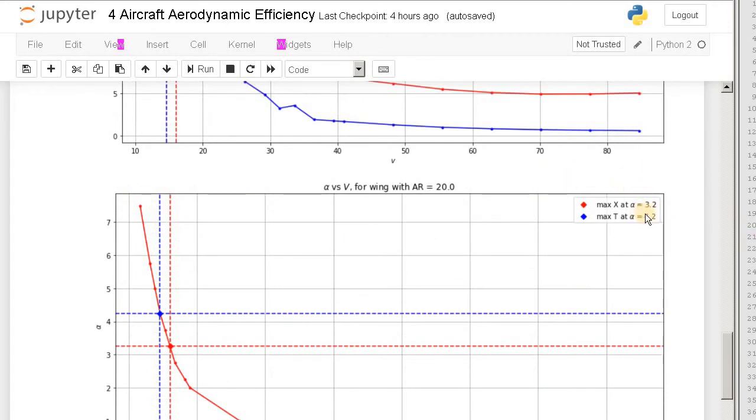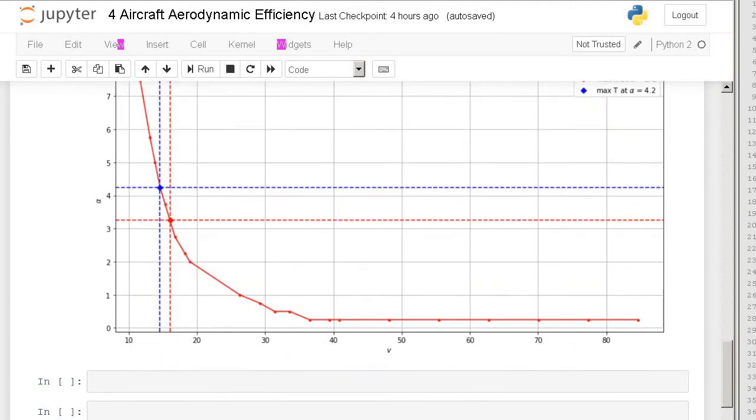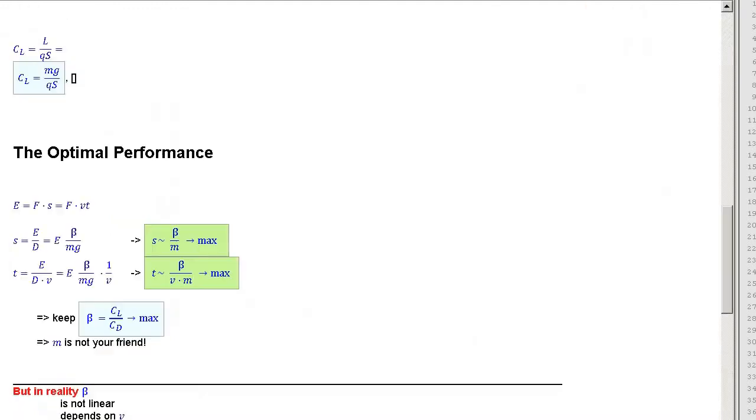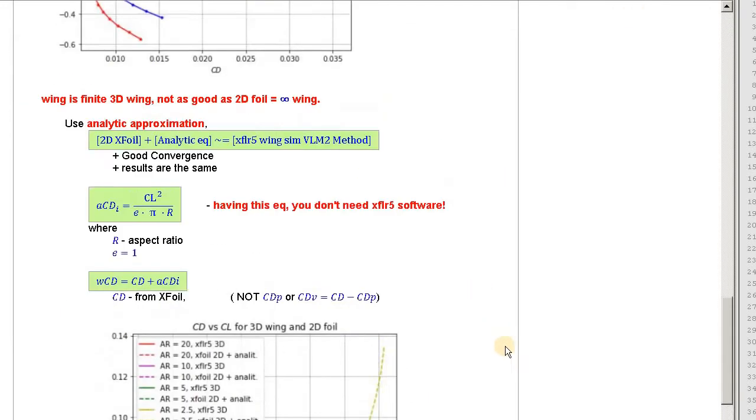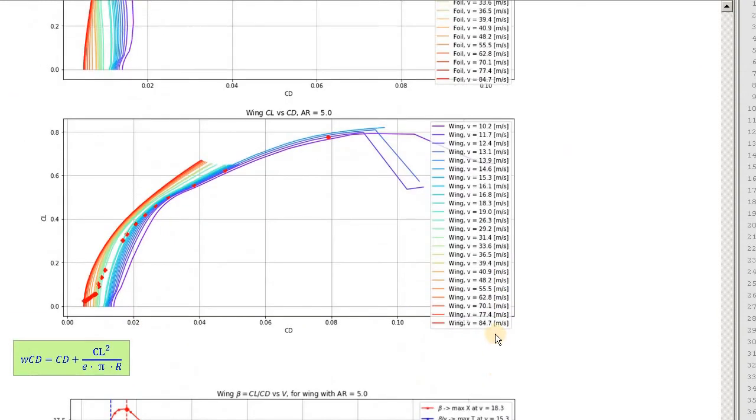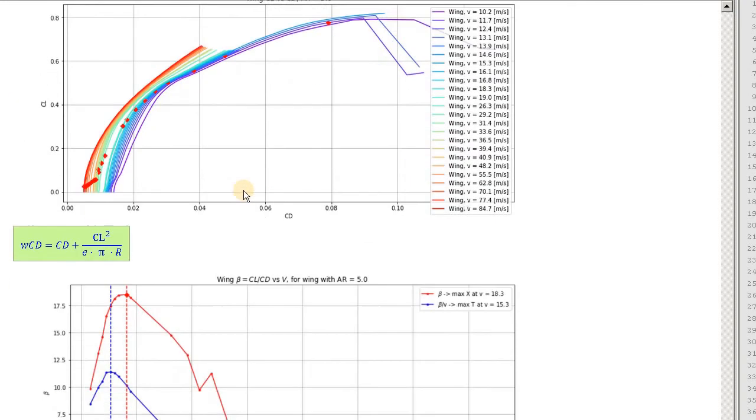The alpha for the maximum distance is 3.2 degrees, and alpha for the maximum flying time is a bit higher, 4.2 degrees. Okay, so this is the Python code, and the results I have shown already in those graphs.